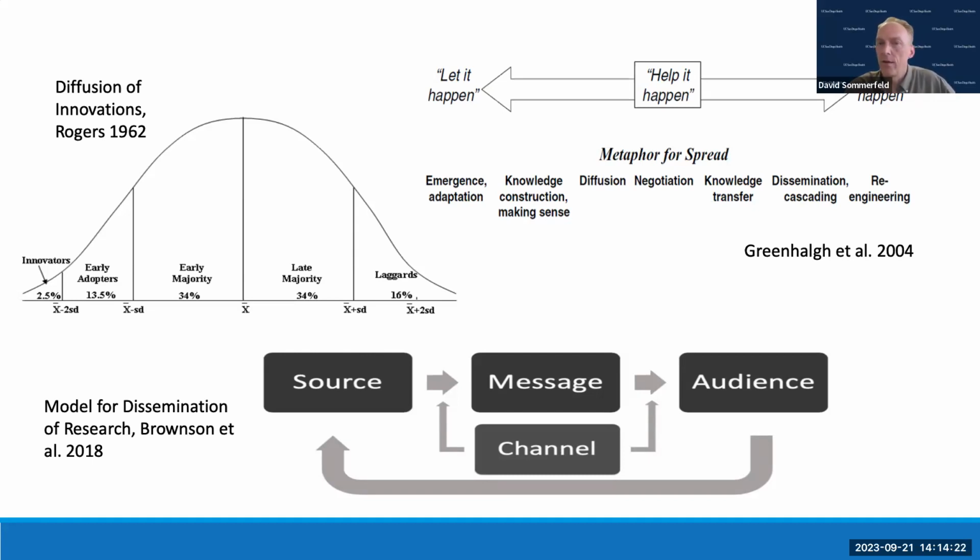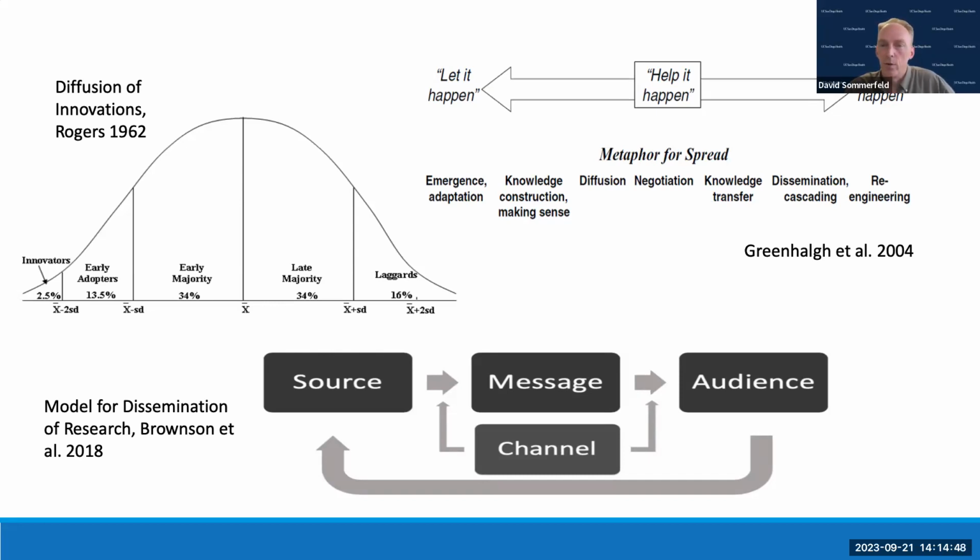But then we also have other models, Greenhalgh et al., in the upper right-hand corner of this, which is this let it happen, help it happen, make it happen continuum, distinguishing diffusion from more active dissemination strategies. I think that's where we've been headed over the last few years, thinking about this active dissemination.